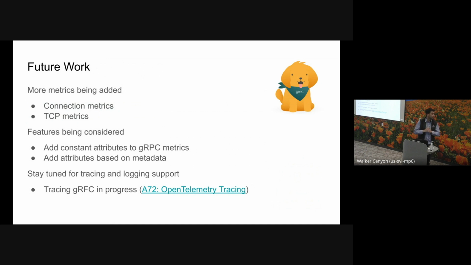That's something that we are considering adding. There's another interesting use case where users want to add attributes based on metadata. So let's say there is an RPC, there's data on the RPC, very RPC specific, that we want to add onto the metrics to get some more observability. This is also something that we're considering.